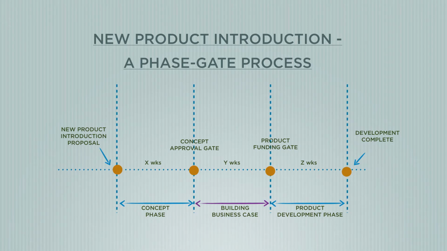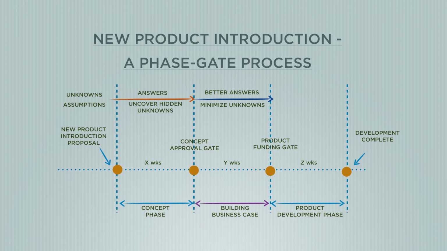I'm going to show you a very high level, simple graphic to start with. Basically, this whole process of investigating unknowns, making them knowns, and getting everybody in the company who is relevant to this project involved is phased in multiple phases, and it is called the phase gate approach.